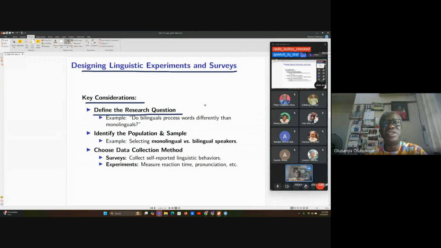An example is this question: do bilinguals process words differently than monolinguals? That is, those who speak two languages, do they process words differently from those who speak only one language?